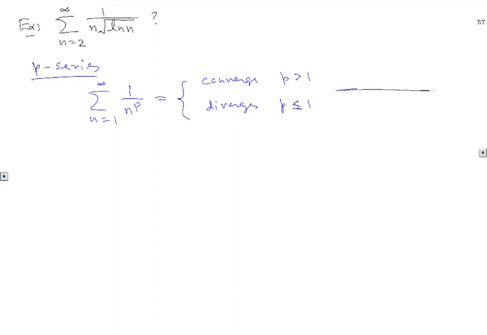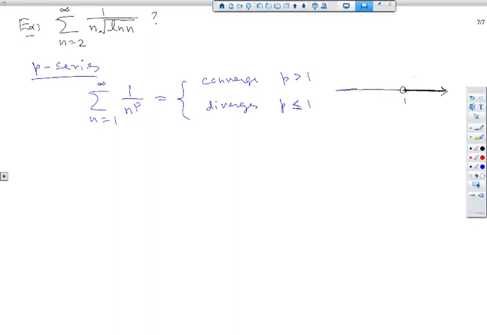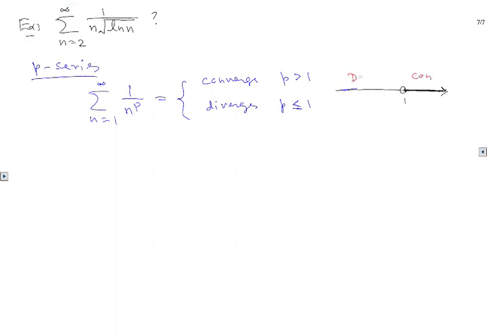So you have a 1 here, and it's going to converge on this side, the open interval, and diverge everywhere else. So 1 to infinity converges, negative infinity to -1 closed, diverges. Yeah, so this is what we call the p series test.